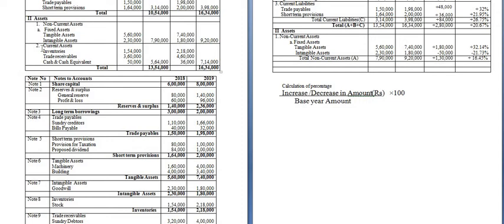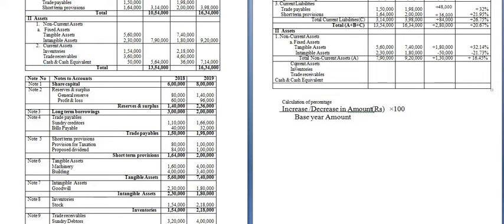Now next one after non-current assets, the last one is current assets. So right here current assets. In current assets we have inventories. How much inventories? 1,54,000 for 2018.